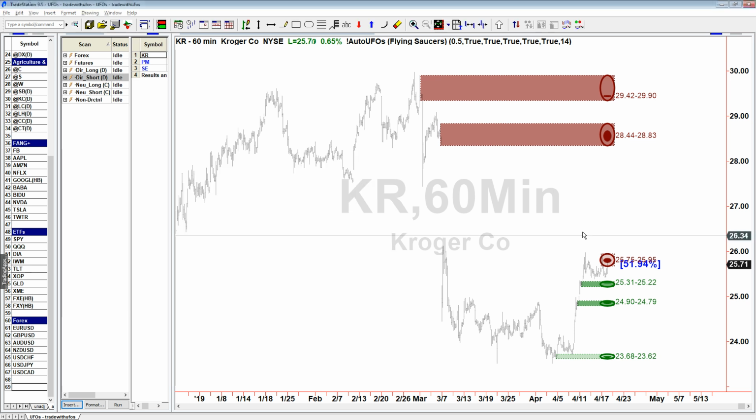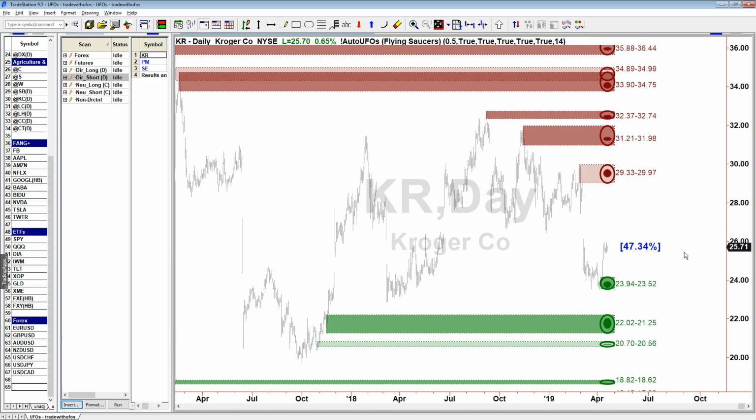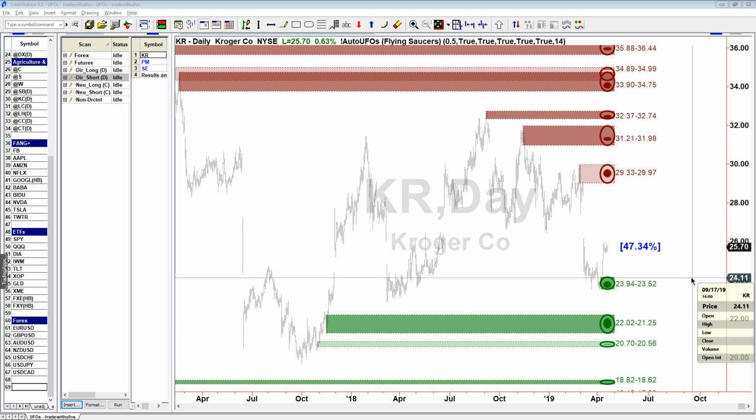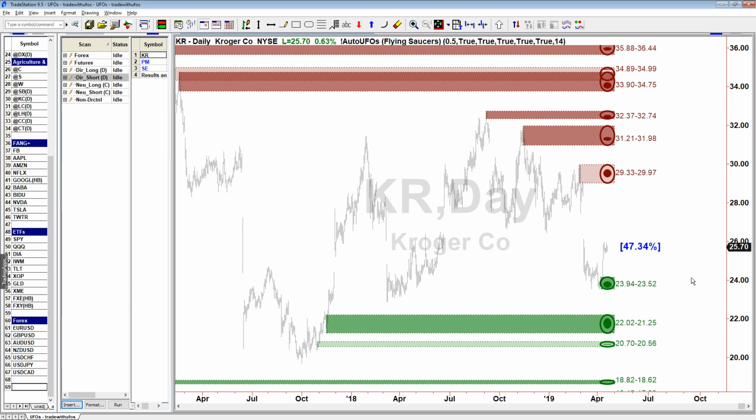We are actually entering a red UFO as we speak on KR in the context of a downtrend, where we have room to move all the way to 24.11. I'm a little concerned about this. Let me show you.